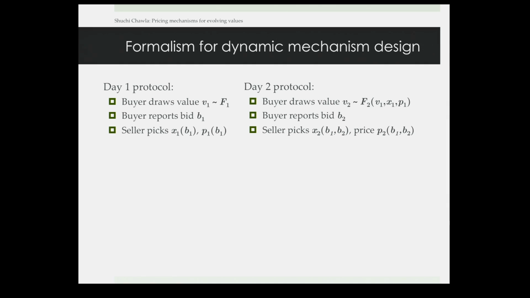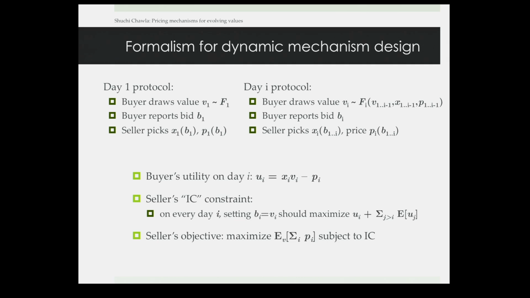And again, he reports a bid, and this time the seller again picks some x2 and p2, and this again depends on everything that the seller has seen so far. Okay, and likewise on day i, all of these v's and x's and p's depend on everything that's happened in the past.